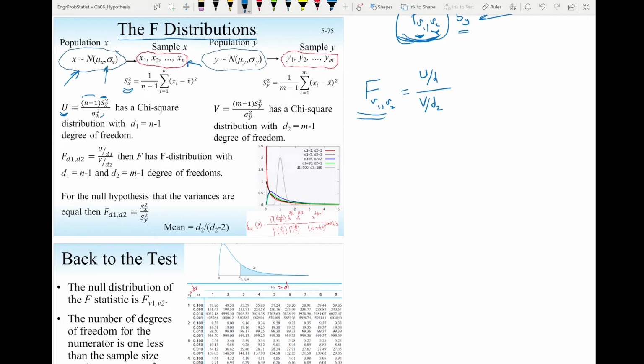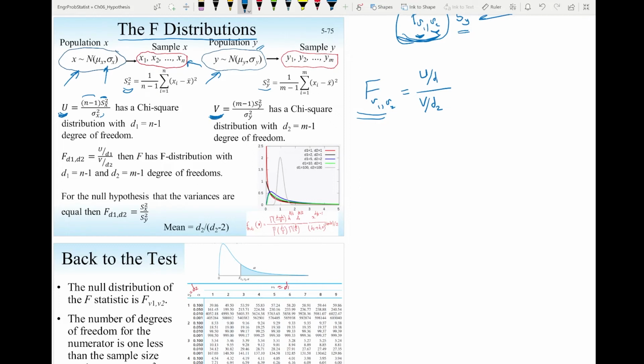And we can now create another random variable of chi-square distribution for this population that has a normal distribution, population Y, and the same thing, we calculate the sample variance. So now we have two random variables with chi-square distribution.